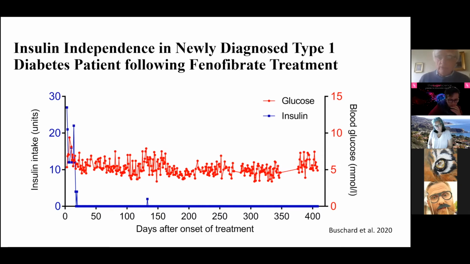They have no side effects at all. As I told you, it is a very used and safe product, this fenofibrate, and we expect to have a result within 1 or 1.5 years from now.